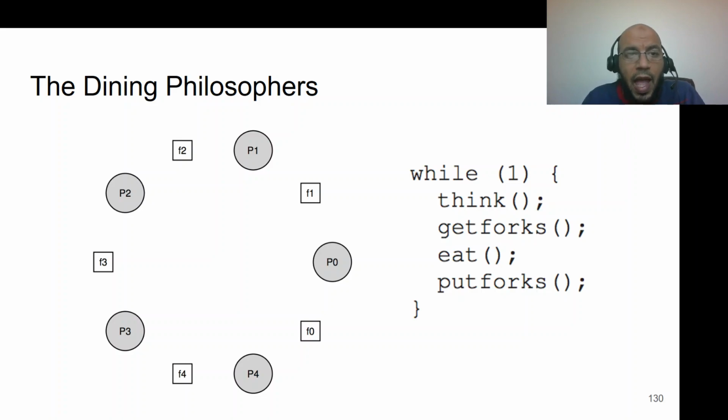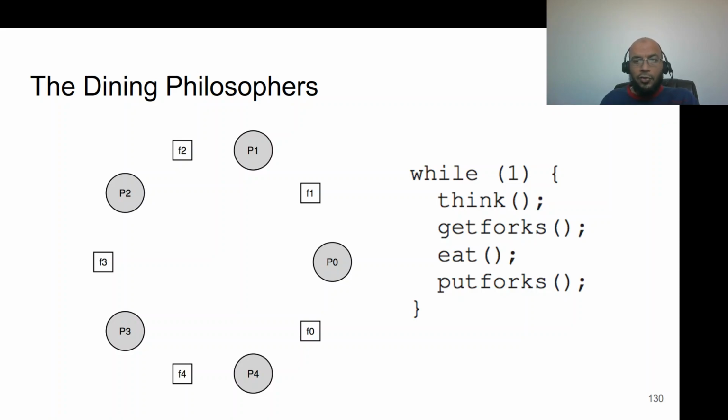So you have philosopher 0, philosopher 1, philosopher 2, philosopher 3, philosopher 4. While they're thinking, it's fine. There are no resources on which they are going to fight.